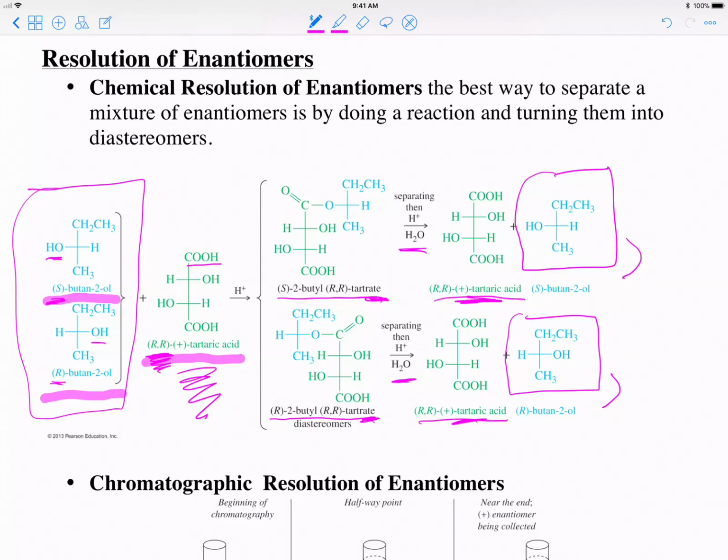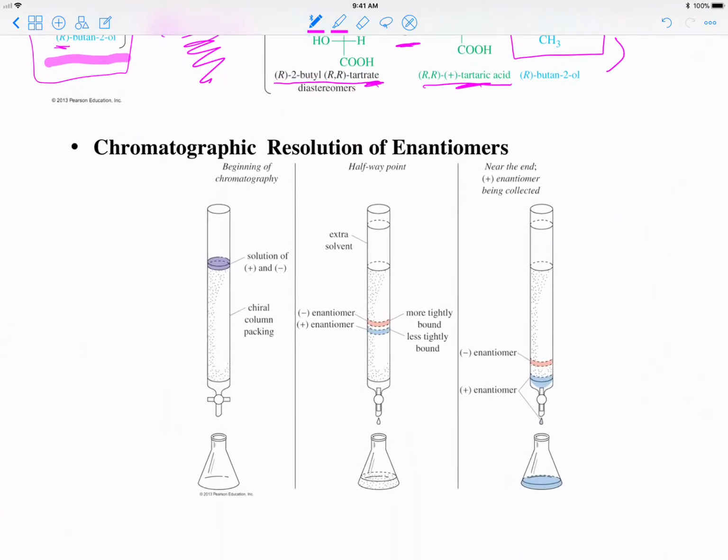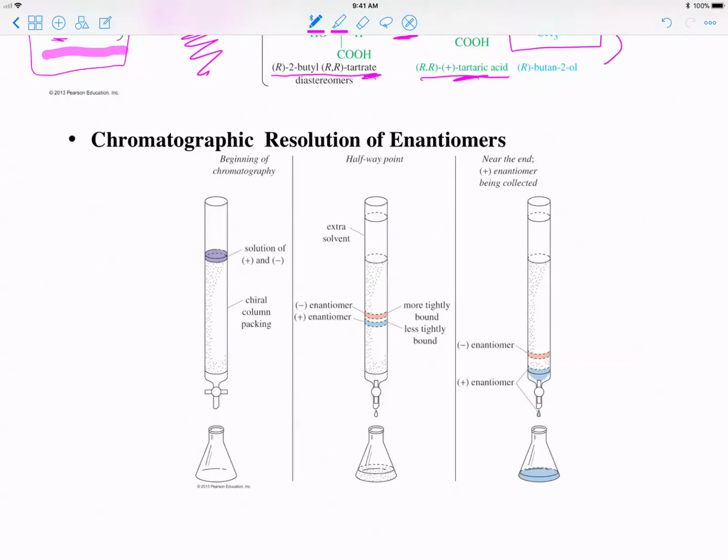The other way to separate out enantiomers is by using a chiral column. So think of it this way. If I put in a mixture of the R and the S compound up here, or the dextrorotatory and the levorotatory versions, and then I had a bunch of little chiral molecules in the column, think of it this way. If I had a mixture of my right and left-handed versions of the molecules, and in this chiral column there were little mini right-handed gloves, then the right-handed versions are going to get caught in the gloves more often than the left-handed ones.